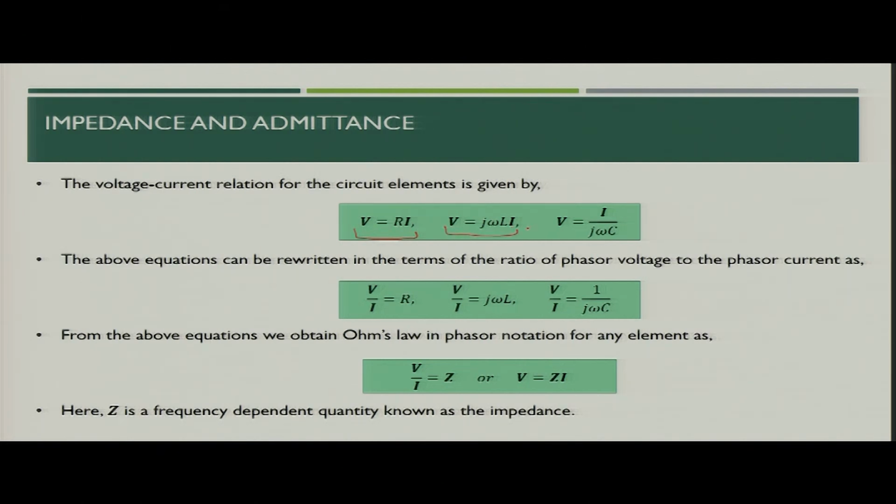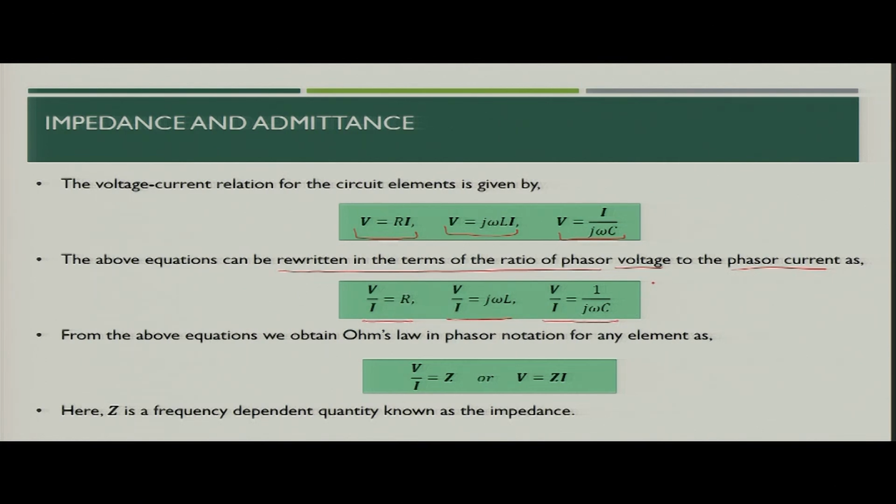For inductor we discussed V was j omega L into I phasor, and for capacitor the relationship was the voltage phasor V is nothing but I phasor divided by j omega C. Now, if you write the equation in terms of ratio of phasor voltage and phasor current, you can simply write V by I is equal to R, or V by I is equal to j omega L, or V by I is equal to 1 upon j omega C.